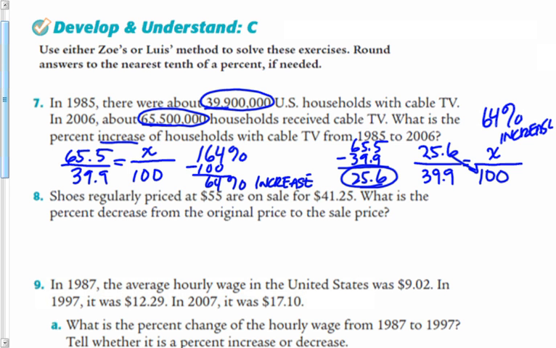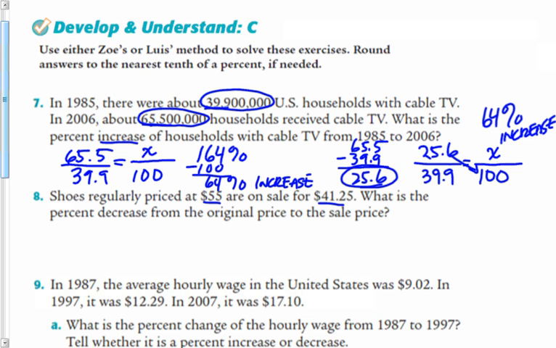Okay. Sometimes you have a percent decrease, and number 8 shows that. To do number 8, I'm going to use both methods again, so you can compare them. Shoes are regularly priced at $55 and are on sale for $41.25. What is the percent decrease from the original price to the sale price?